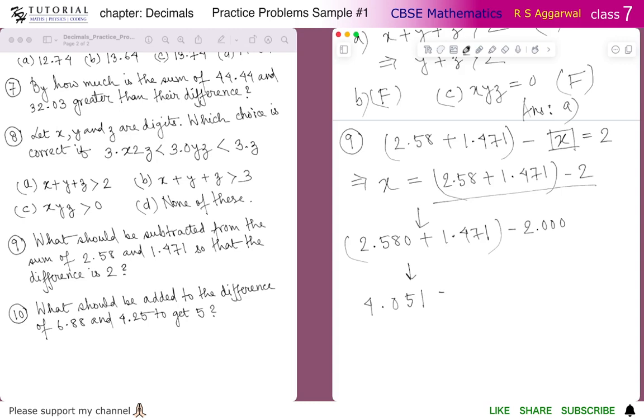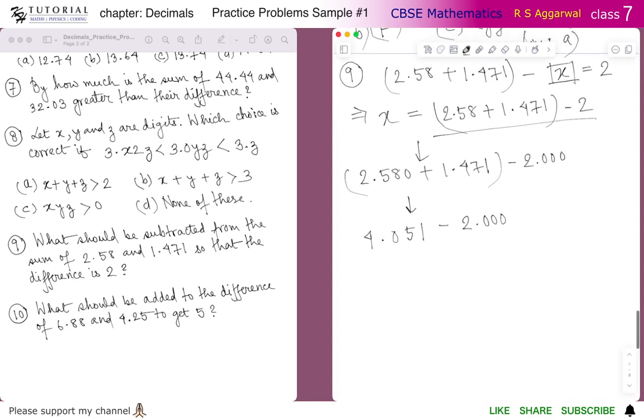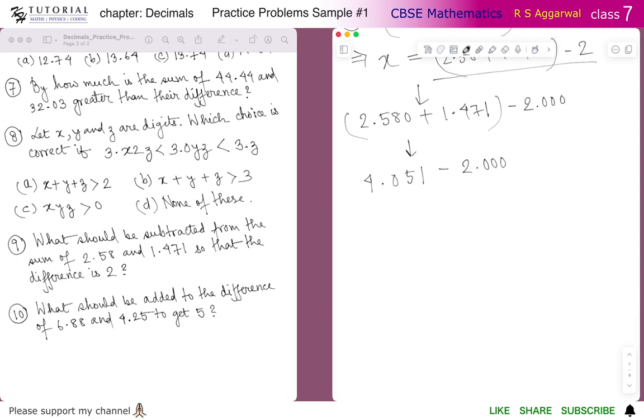Okay. So now we have to find the subtraction of two decimal numbers. They are like decimals. So how do we do it? We write the larger decimal number first, and then in column form below the larger decimal number we write the smaller decimal number and do the subtraction just like whole numbers.